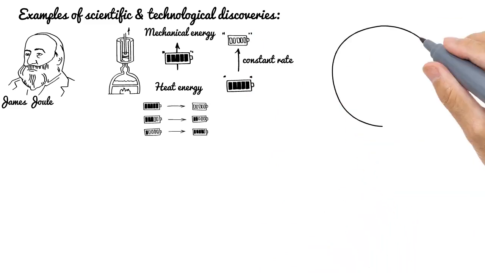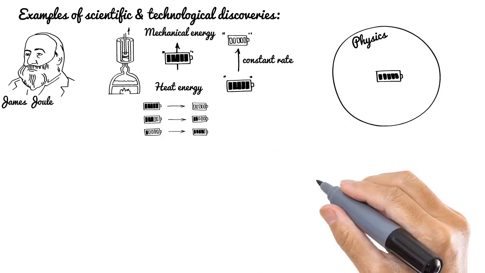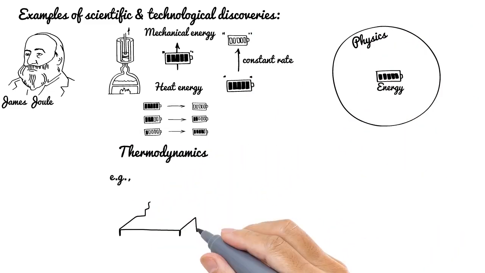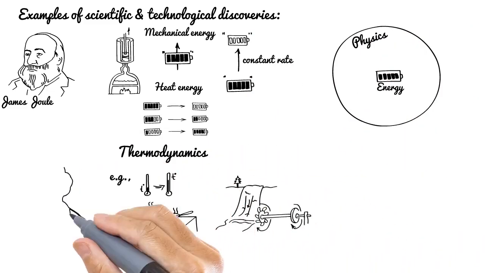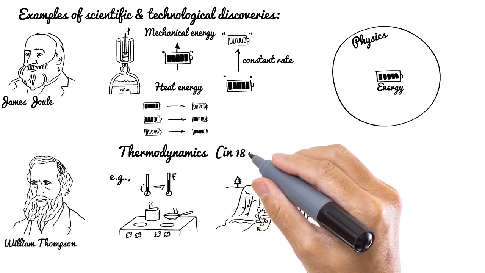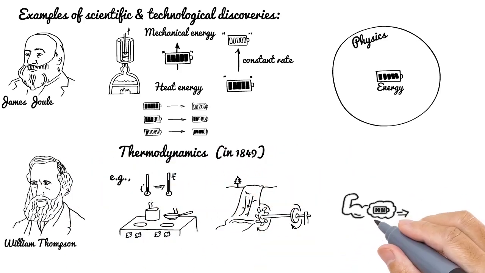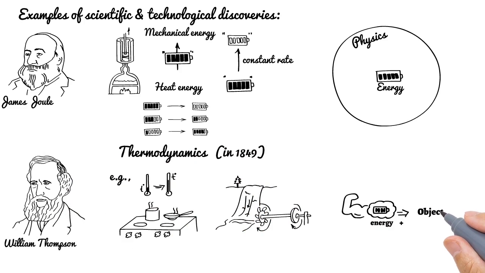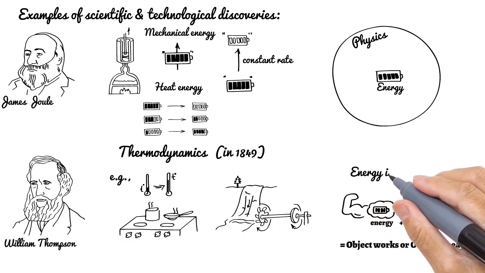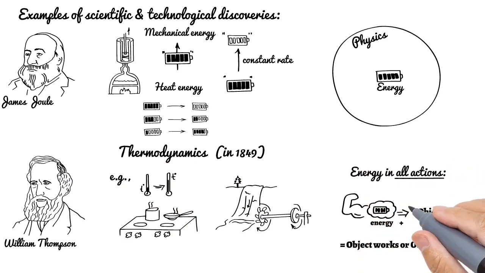He put energy at the center of physics. Thermodynamics, as the new science was called by William Thomson in 1849, introduced an entirely new element into science. Energy is concerned in all the actions of nature and techniques.